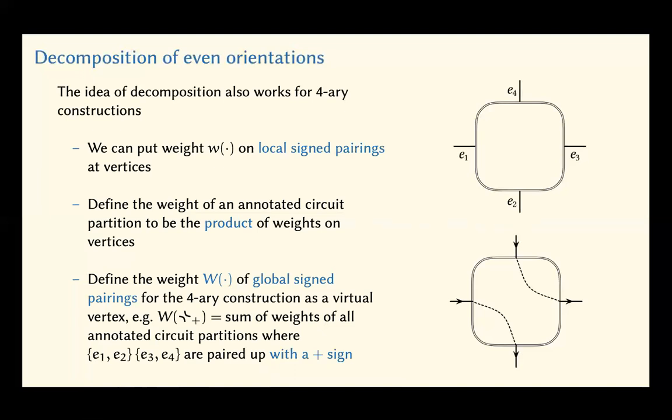And we also define the weight capital W of global sign pairings for the Fourier construction as a virtual vertex. For example, for capital W on this kind of pairing with a plus sign, we define it to be the sum of the weights of all annotated circuit partitions where E1 and E2 are paired together, E3, E4 paired together with a plus sign.